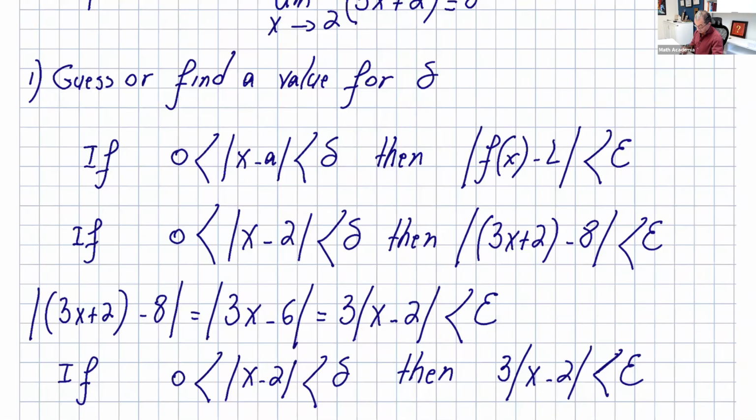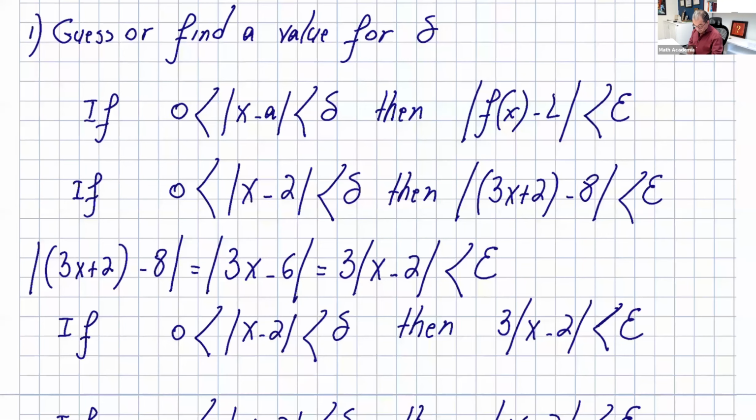Now we can pick that one and write that as the absolute value of 3x plus 2 minus 8 is the same thing as the absolute value of 3x minus 6. And that's the same thing as 3 times the absolute value of x minus 2, and that's less than epsilon.